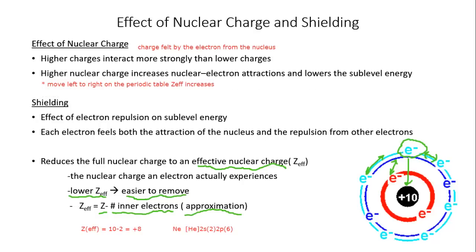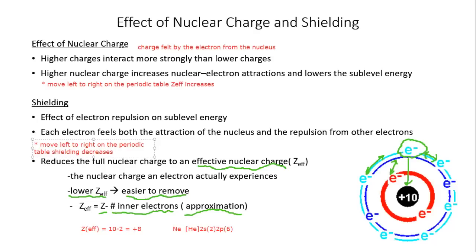As you move from left to right on the periodic table, shielding decreases. So these are opposite of one another.